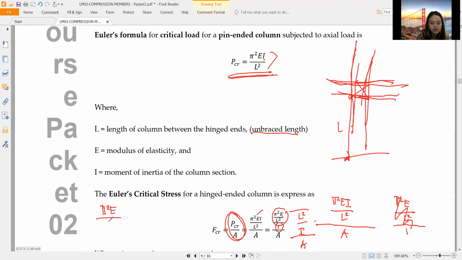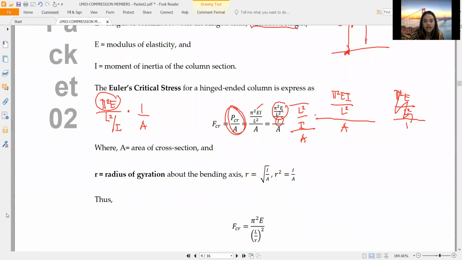Over L squared over I, i-multiply na natin siya sa 1 over A. Okay, so as you can see, it could be the same as this one. Pareho lang to, no? Kasi pag ito dinivide mo into this, you would take the reciprocal of this one.